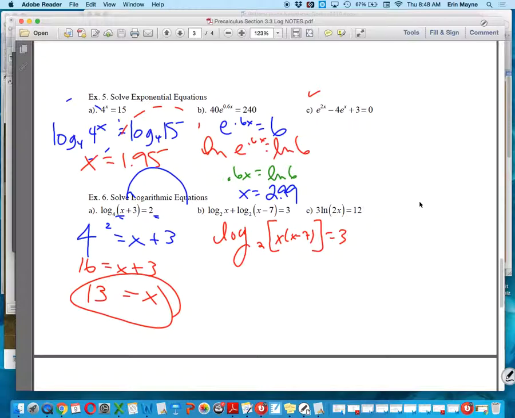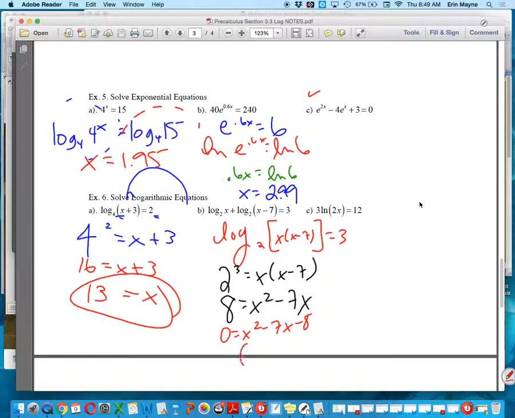Yeah, I refer to that as applying the definition. When I apply the definition, I say 2 to the third equals x times x minus 7. This is 8 equals x squared minus 7x. Guess what that's code for? I'm going to solve a quadratic. So I'm going to get one side equal to 0.